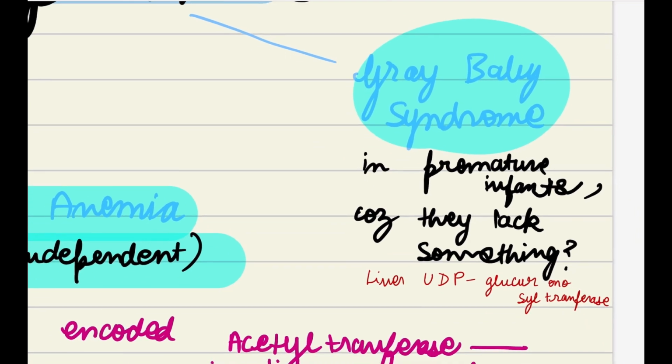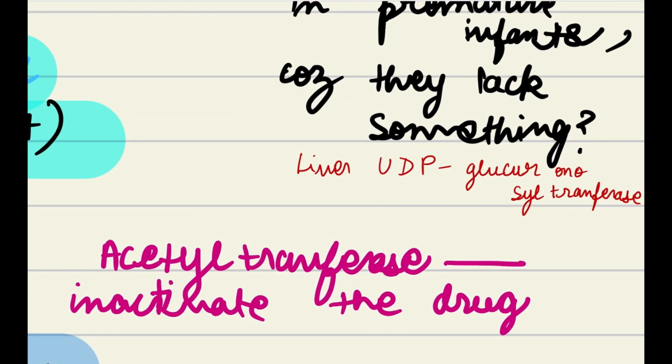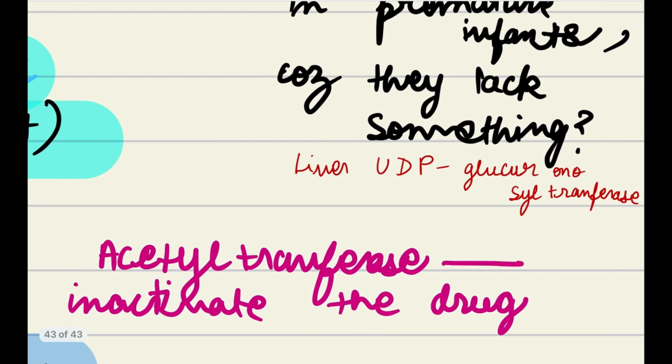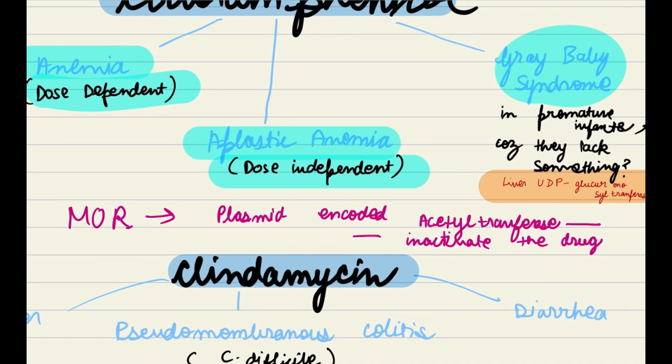Why? Because they lack an enzyme, which is liver UDP glucuronyl transferase. Now the mechanism of resistance for chloramphenicol is that a plasmid encoded acetyltransferase inactivates the drug.